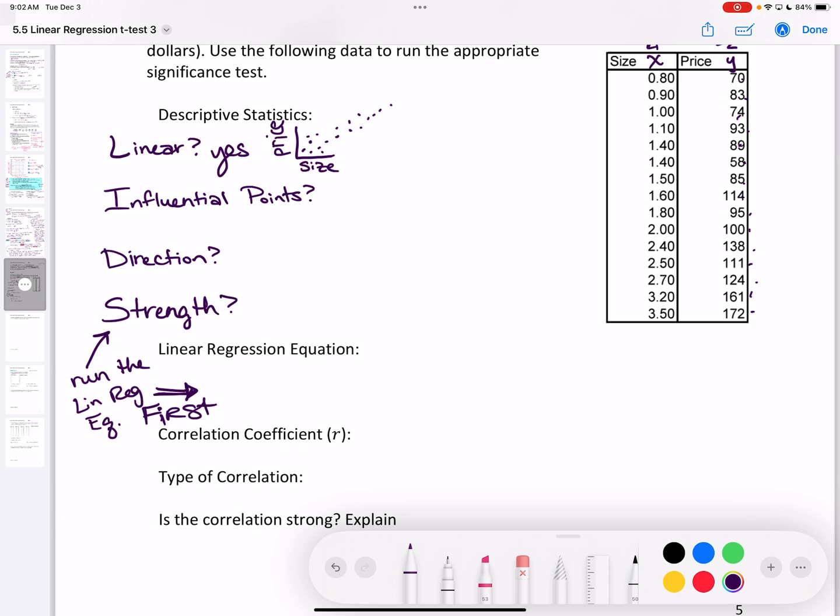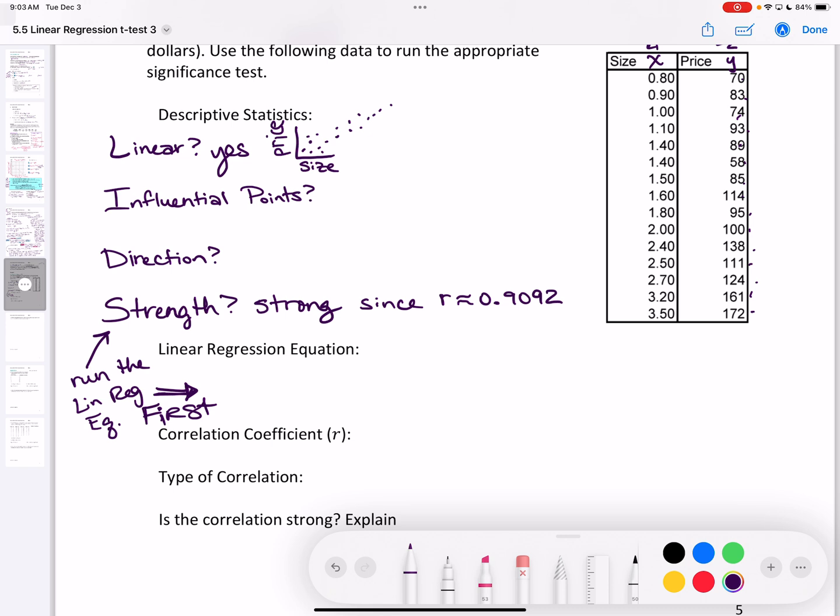So the R value is what? 0.9092. Yeah, since R is 0.9092, that's a strong linear relationship, right? Direction.